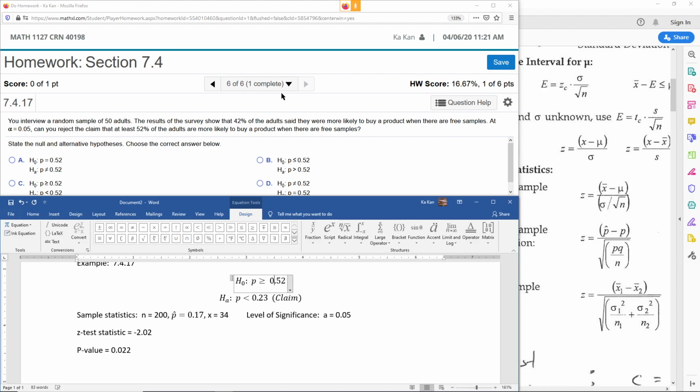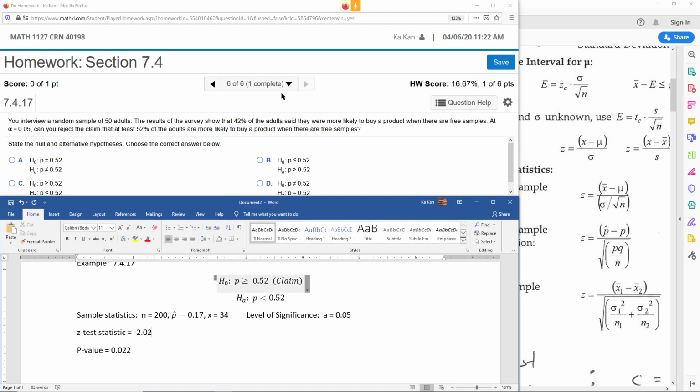So that's what we got so far. Then the opposite to that would be less than 0.52, right? Now, the claim, nope, the claim is the other one. The claim is this one. So now let's say sample statistic.